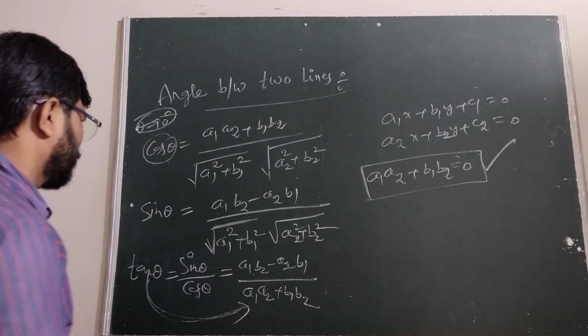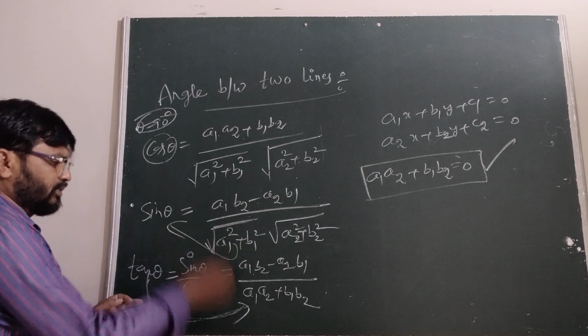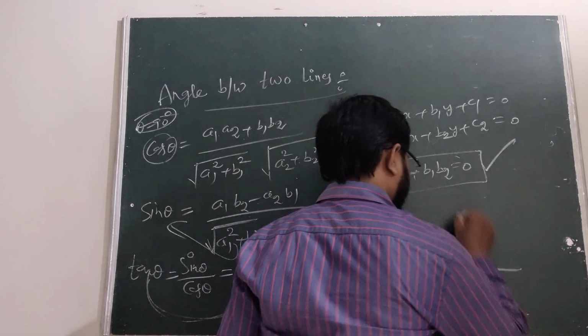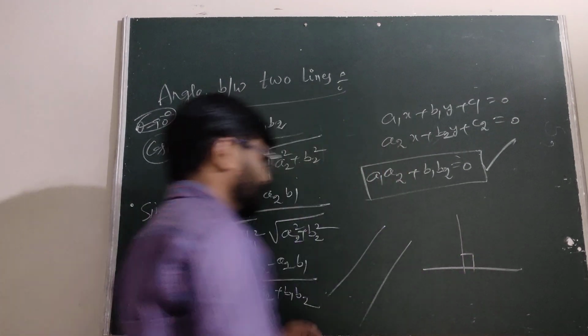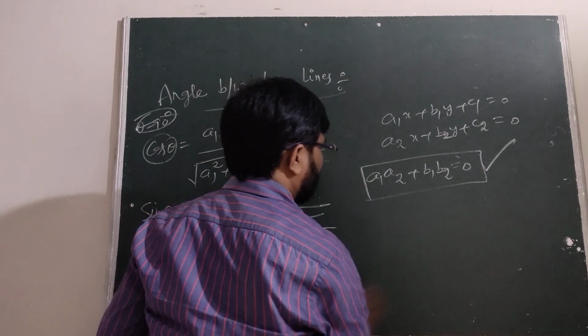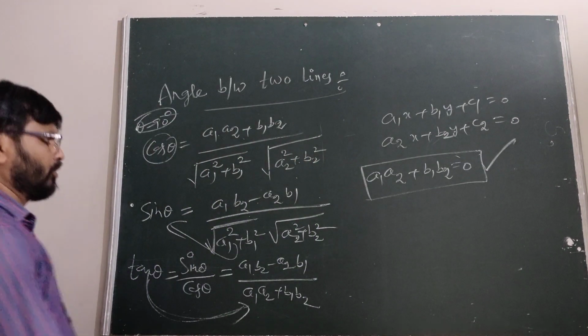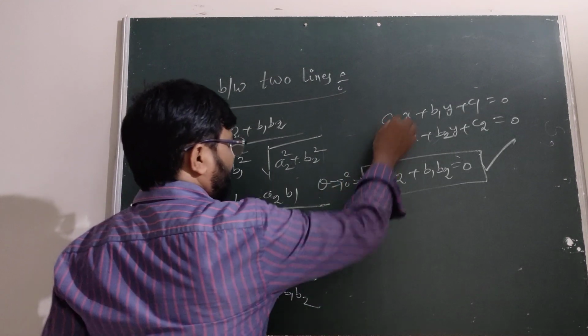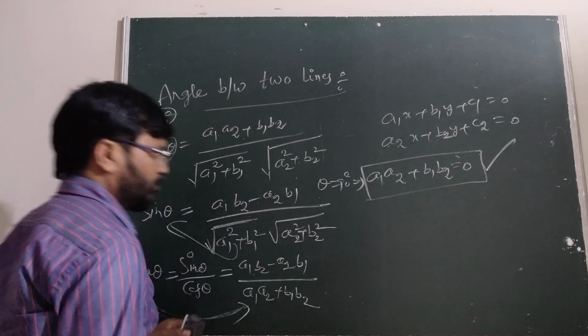Suppose theta equal to 0 degrees, that means parallel lines. The angle between the parallel lines is 0. The angle between the perpendicular lines is 90. Therefore, when theta is 90 degrees, we can write a1 a2 plus b1 b2 equal to 0.